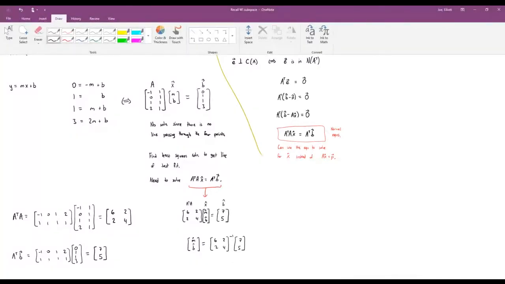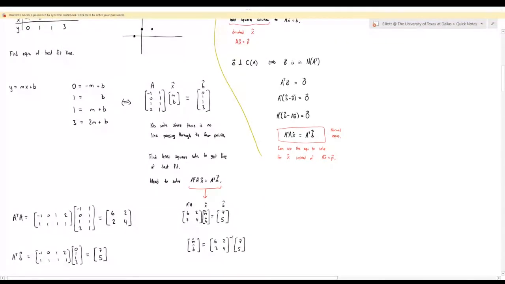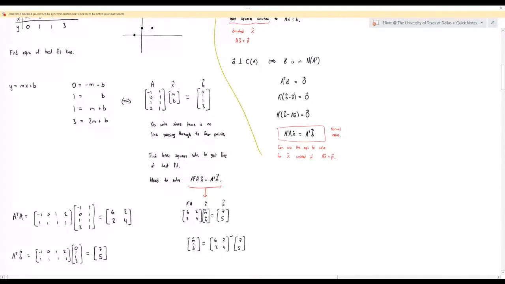The reason I'm going to do it this way is because I remember a formula for the inverse of a 2x2 matrix. So I'll write the formula here off to the side.